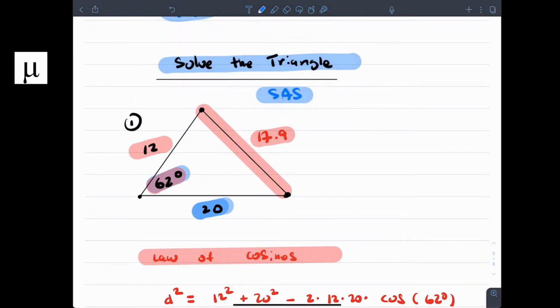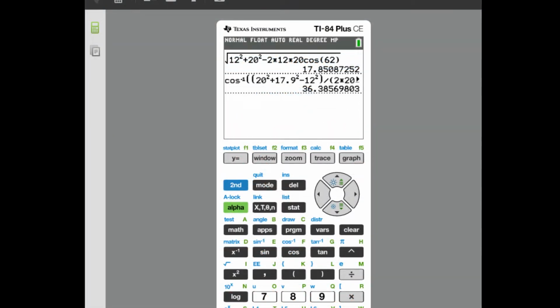And does that free me with getting the other? 180 degrees minus 62 degrees minus 36.4 degrees. 180 minus 62 minus 36.4, and what do you get? 81 point what? 6 degrees.